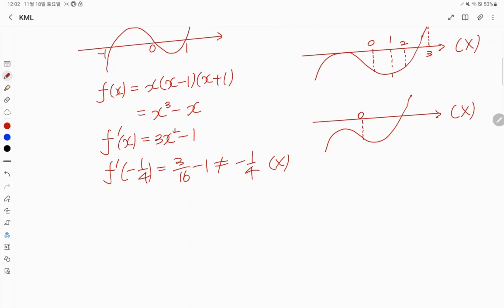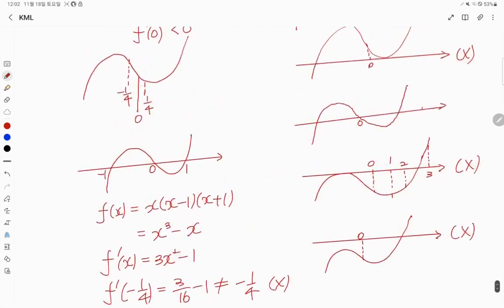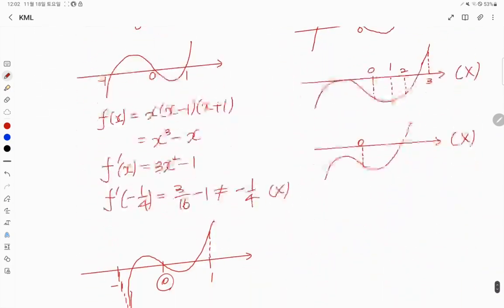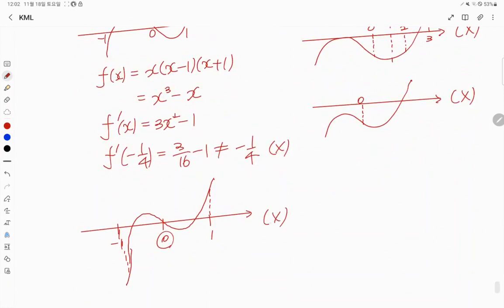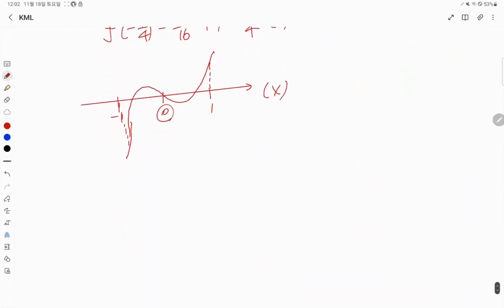So if we try to make the positive and negative roots not integers, like this, now the problem is, because f of 1 is positive and f of minus 1 is negative, the integer 0 satisfies this inequality. So this is also not the case we want.